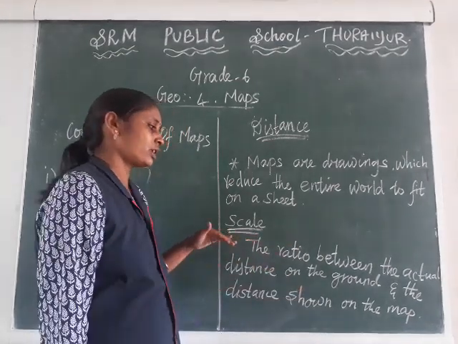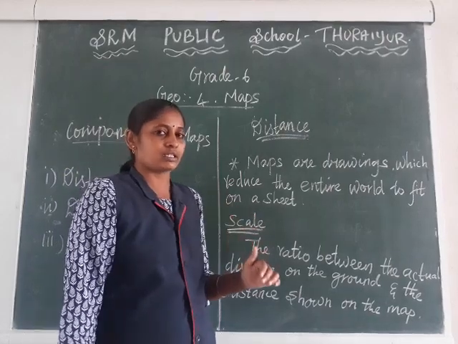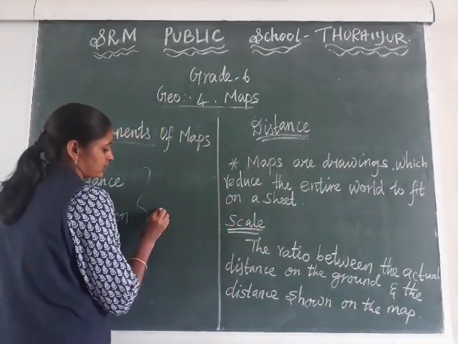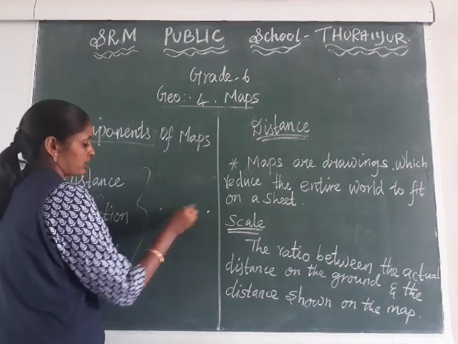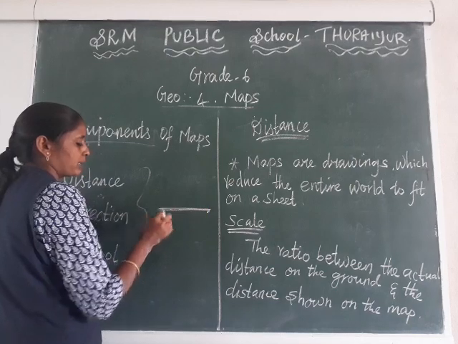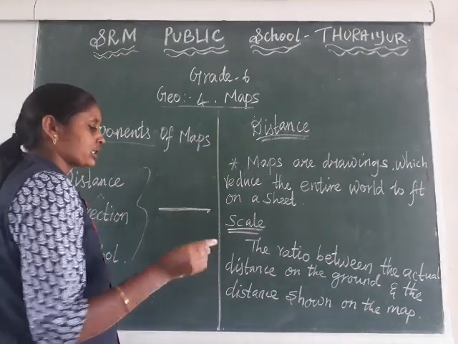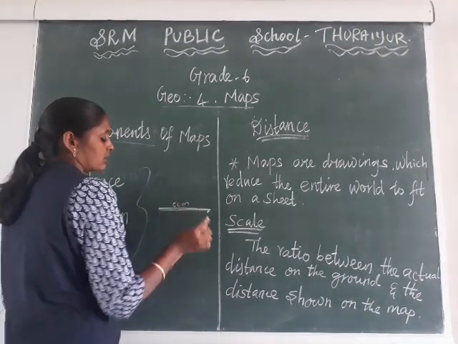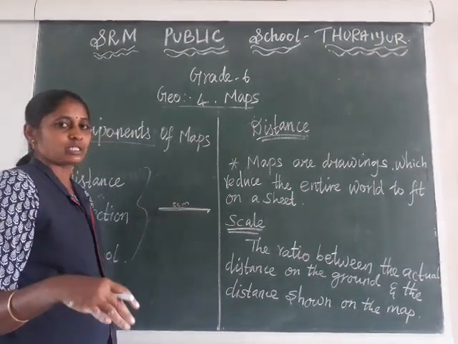Suppose the actual distance between one particular place and another is 500 kilometer, in the map we mark this as 5 centimeter. Like that only we are using maps.